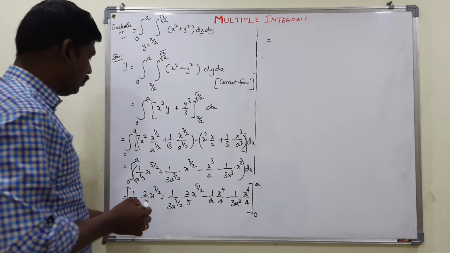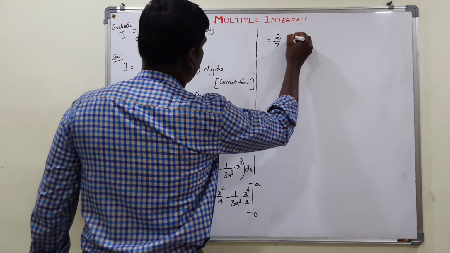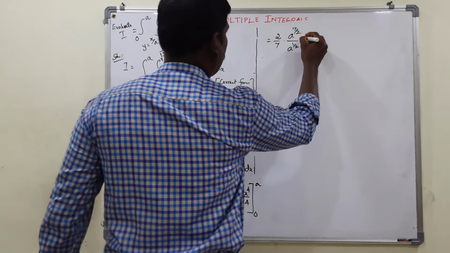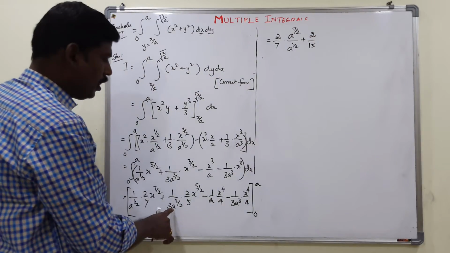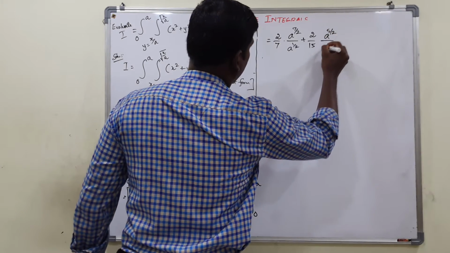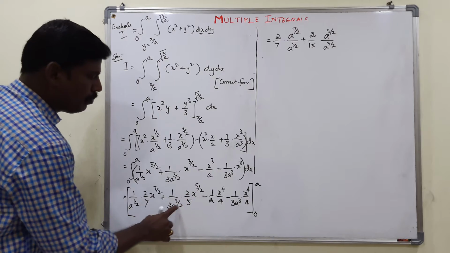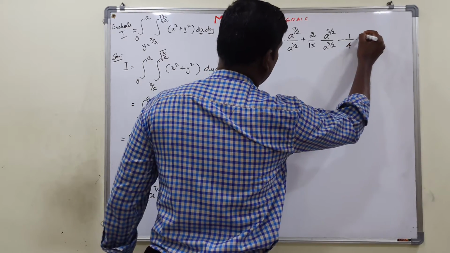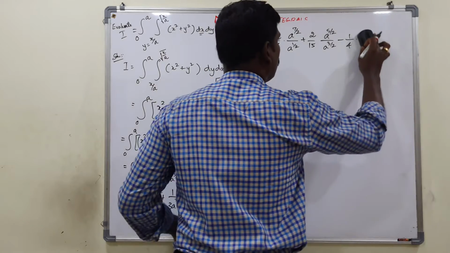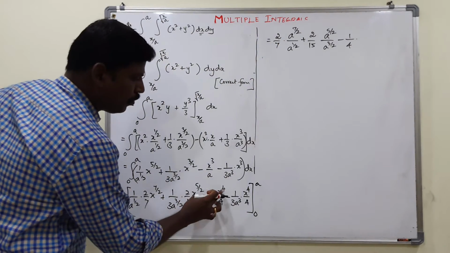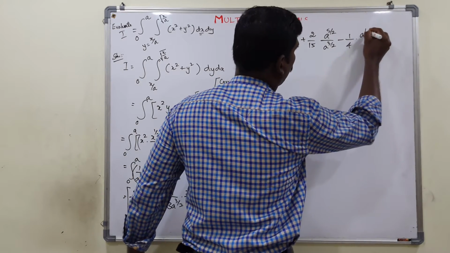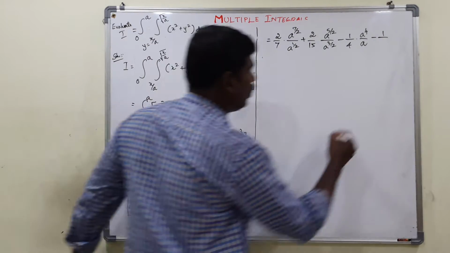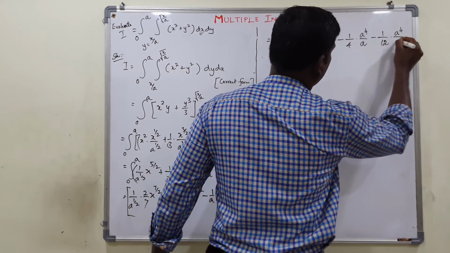This becomes 2 by 7 into a power 7 by 2 by a power 1 by 2, plus 2 by 15 a power 5 by 2 by a power 3 by 2, minus 1 by 4 into a power 4 by a, that is a cube, minus 1 by 4 into 3, 3s are 12, 1 by 12 into a power 4 by a cube.